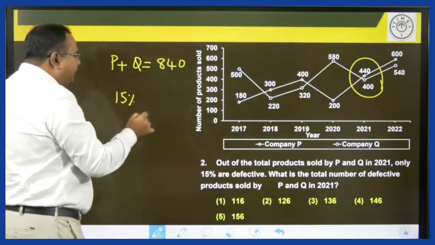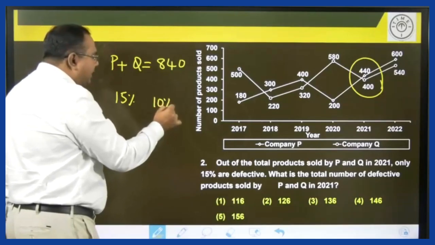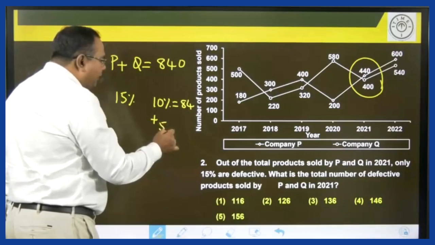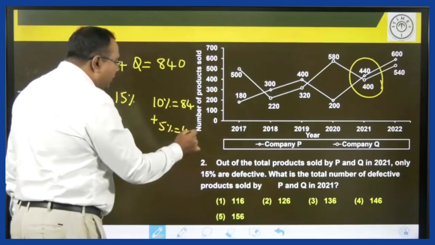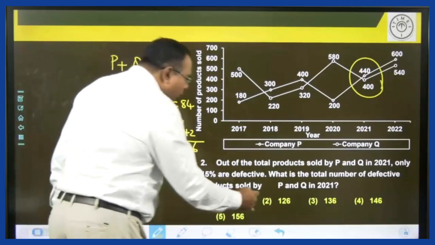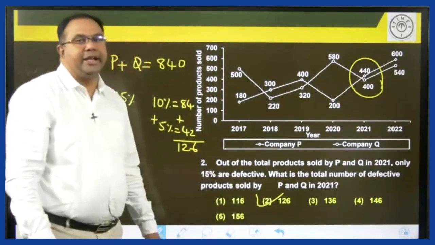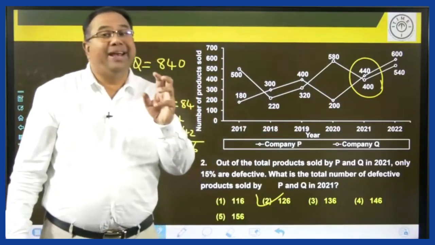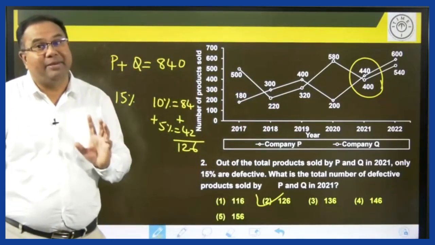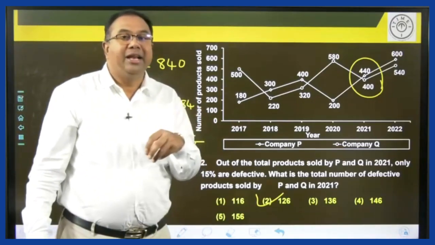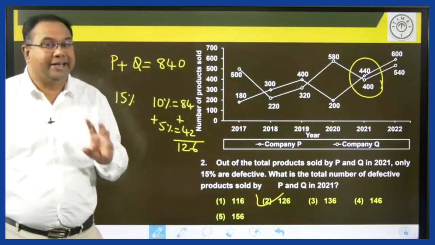How do we calculate 15%? 10%, 84, plus 5%, half of 84, 42. 84 plus 42, it is 126. 126 is present in choice 2. See, this is your clerk level, prelim level set. So, easy questions. Only thing is that you have to be a little careful and you have to practice, students.